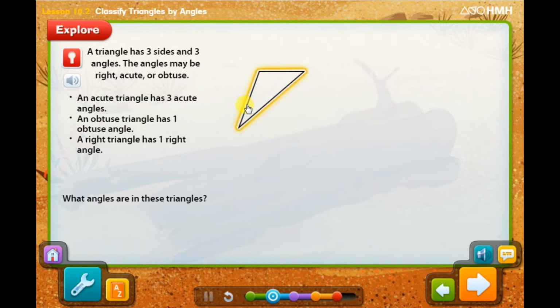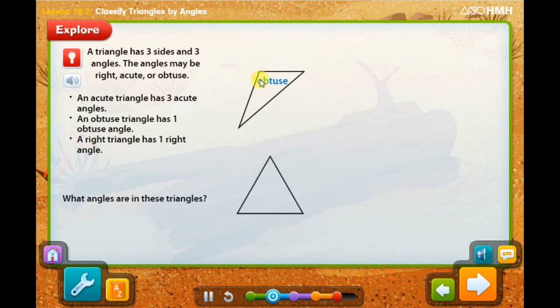So we have only 2. Look here, we have 1 obtuse angle. So in this case, I will name it according to its angle. Its angle is obtuse, so the triangle's name is obtuse also. This triangle has an obtuse angle as well as 2 acute angles. What kind of triangle is this? Of course, obtuse. It's an obtuse triangle.